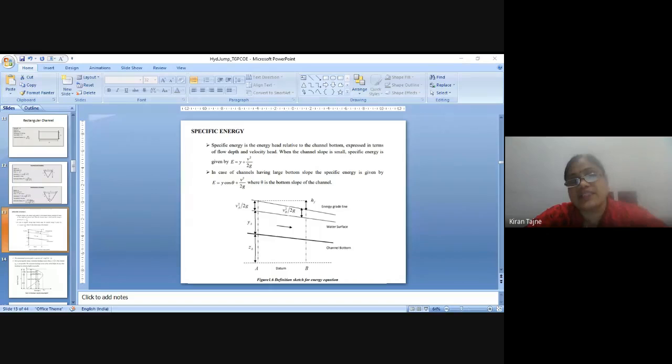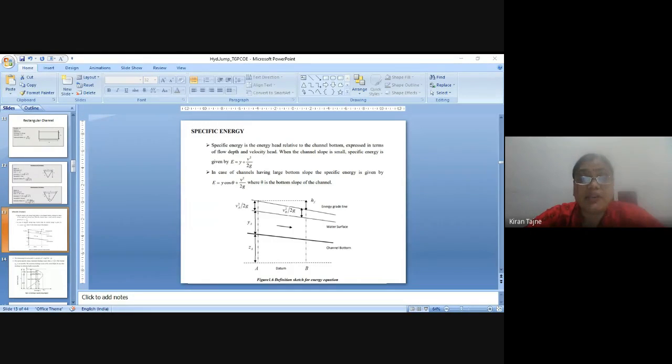So in that case, Z will be 0. Therefore, we have to consider only two parts, that is depth of flow, potential energy, and kinetic energy v square by 2g. Therefore, when the channel slope is very small, the specific energy is equal to y plus v square by 2g.